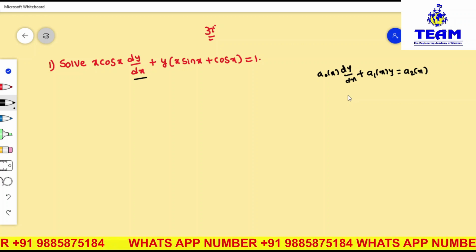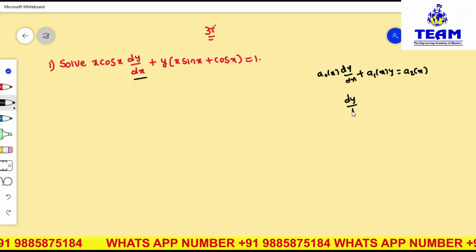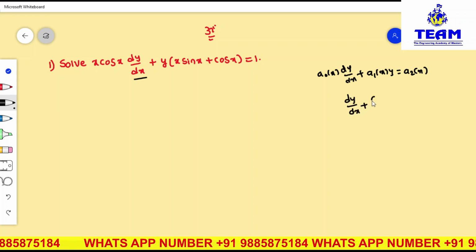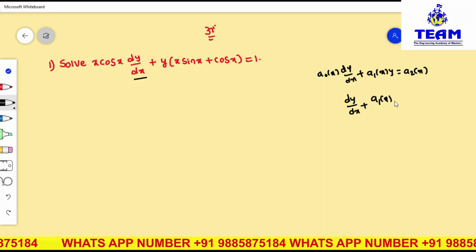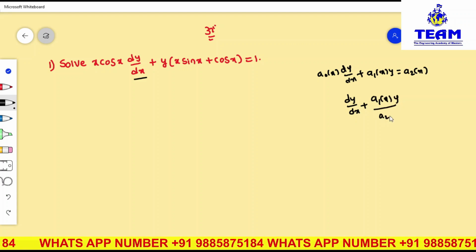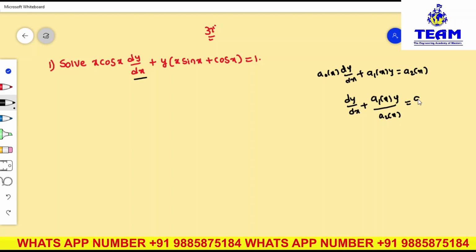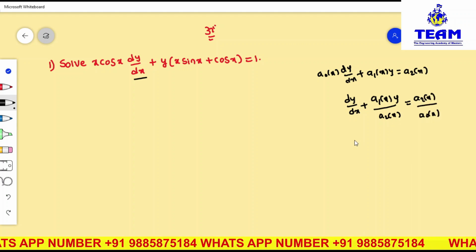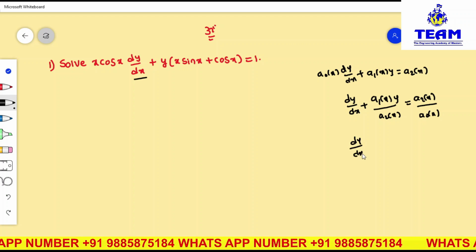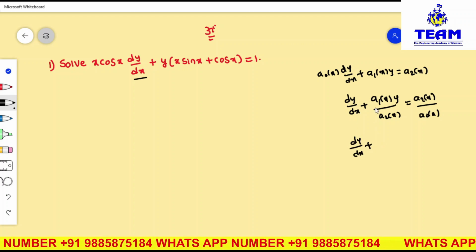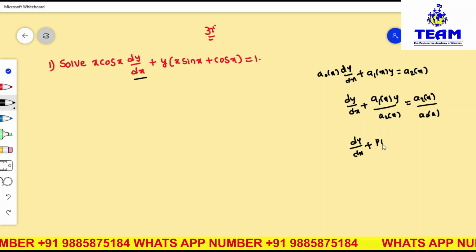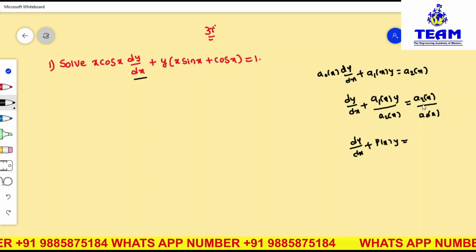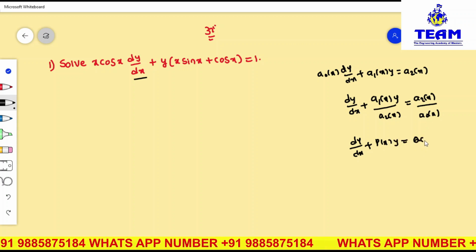The standard form of a linear differential equation is dy/dx + (a1(x)/a0(x)) y = a2(x)/a0(x). Working rule: a1 by a0 we denote with p of x, and a2 by a0 we denote with q of x.